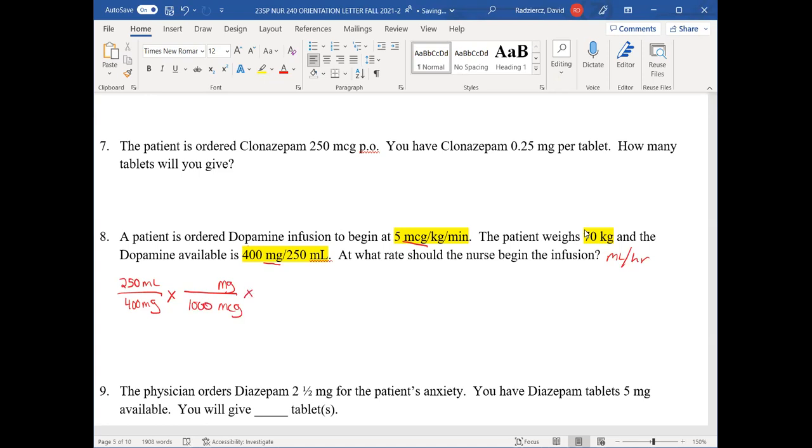Now we've eliminated milligrams. We're in milliliters per microgram. Now we can take that 5 micrograms per kilogram per minute. And now we're in basically milliliters per kilogram per minute. Get rid of the kilograms.